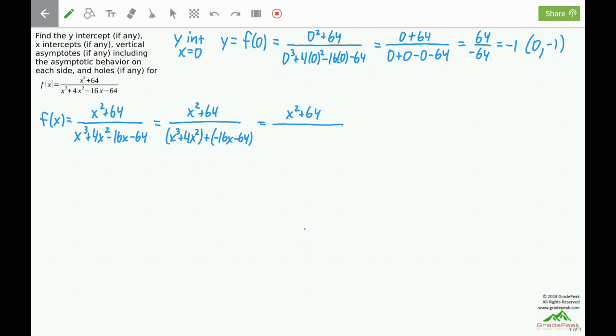The first two terms, x cubed plus 4x squared, have a common factor of x squared. Factoring that out leaves behind an x plus 4. Negative 16x minus 64 has a common factor of negative 16. Factoring that out will leave behind also an x plus 4, so it does group factor since the x plus 4s match.